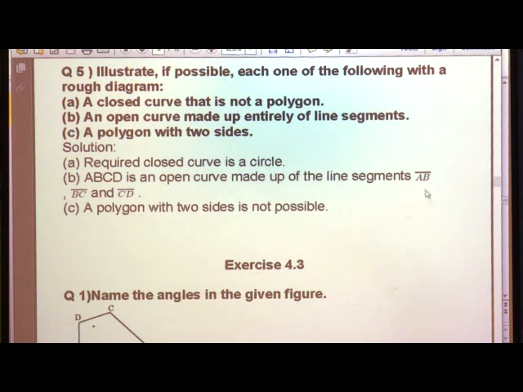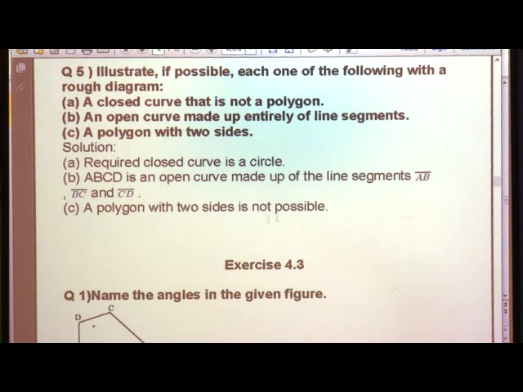You have to draw a square with sides AB, BC, CD, DA, where one of the sides is kept open. So we can name it ABCD, an open curve made up of line segments AB, BC and CD.